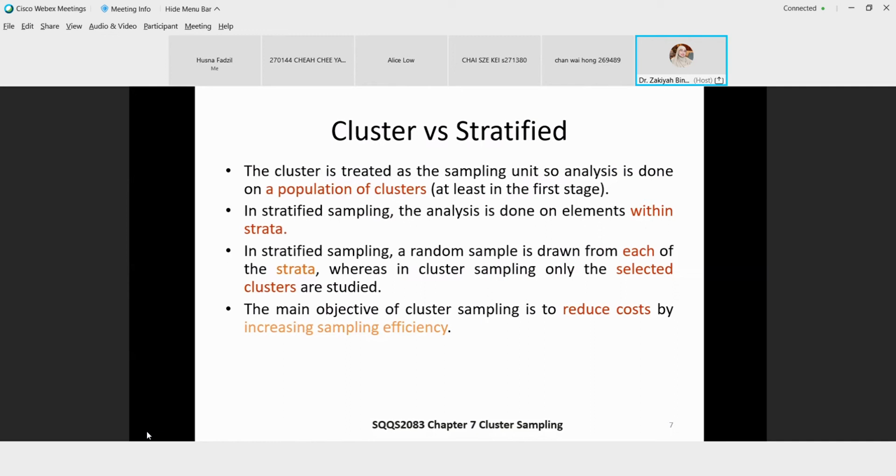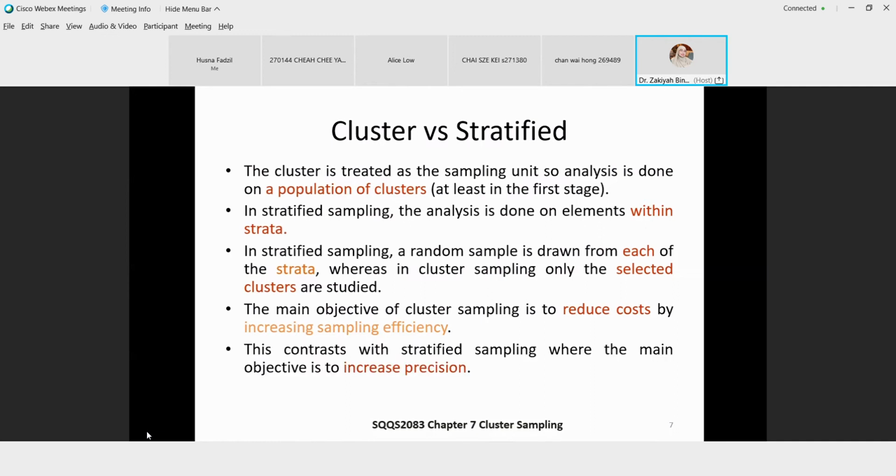Why I emphasize so much on this, because this is the most often confused or misunderstood sampling technique. These two, either they swap or they think that it's the same. Not just for undergraduates. I've seen postgraduates also wrongly identifying the sampling technique.